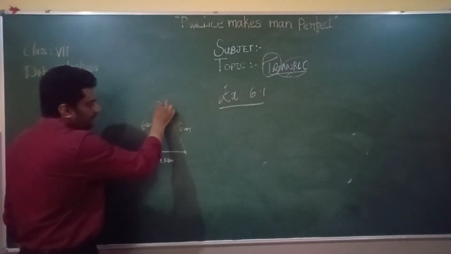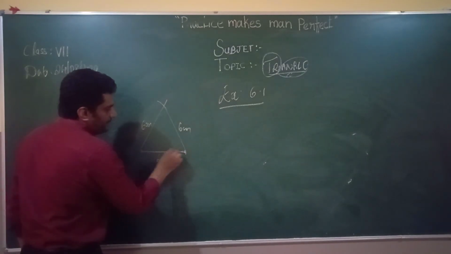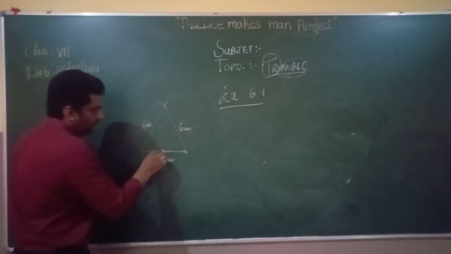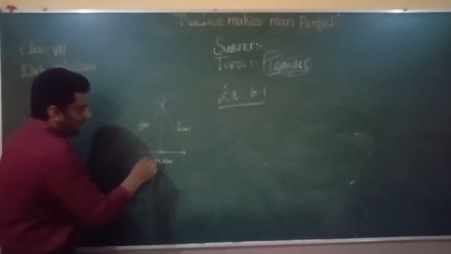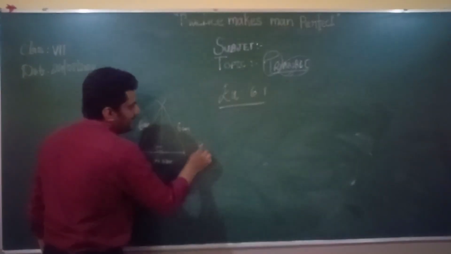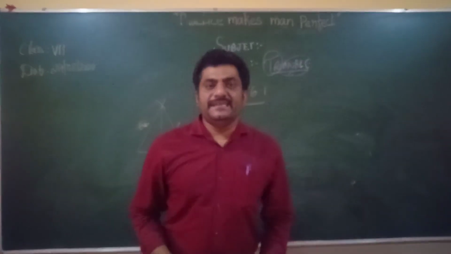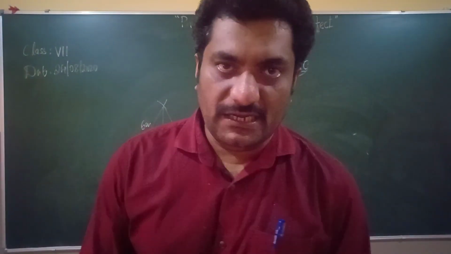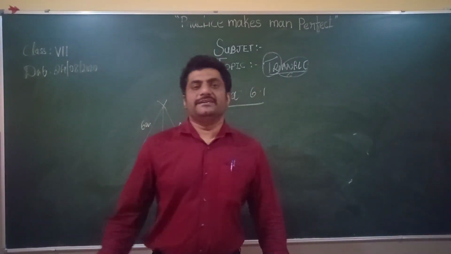Now from here, take a midpoint and join this. If you get this as 90 degrees, then the median and the altitude are equal. I want you to give a try on this one.